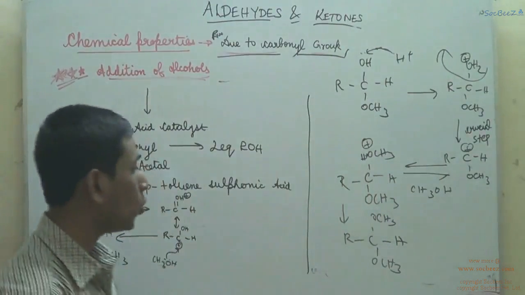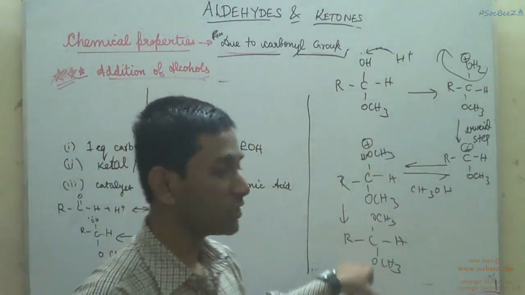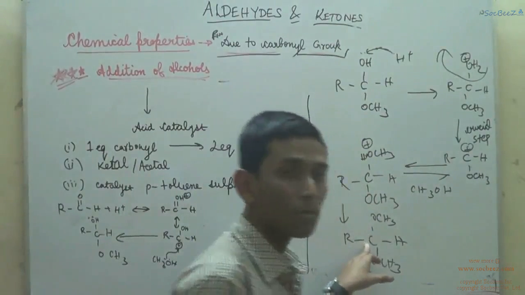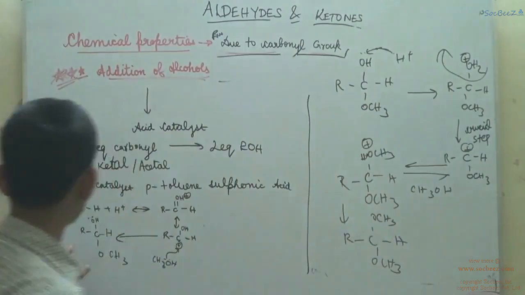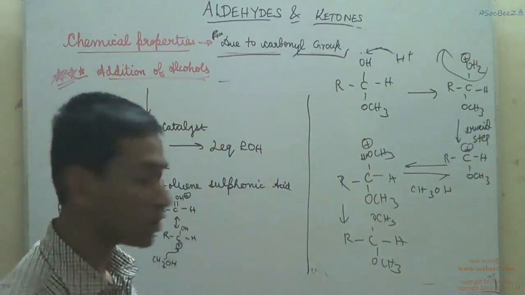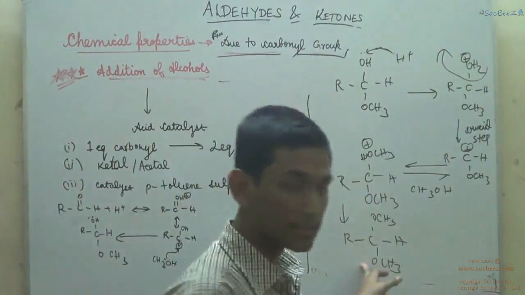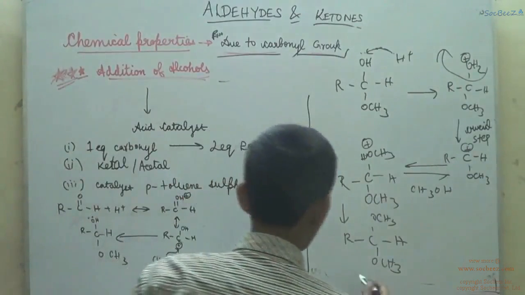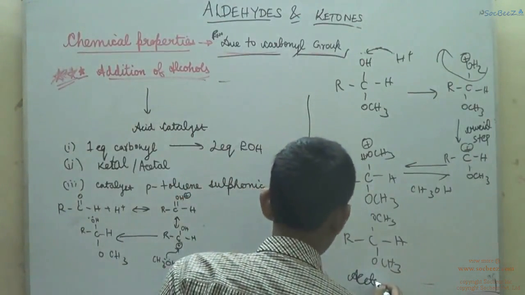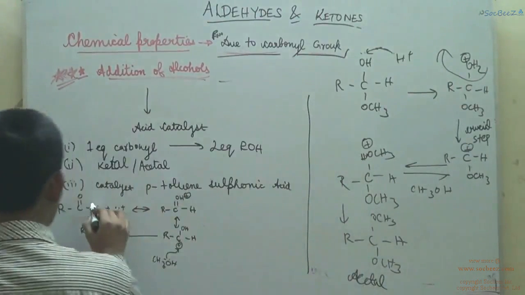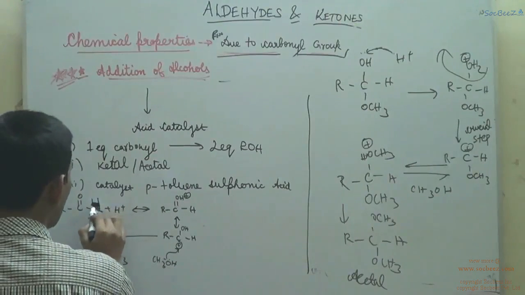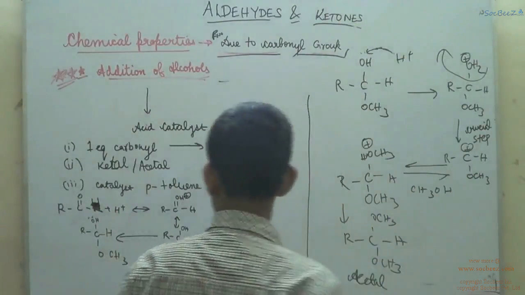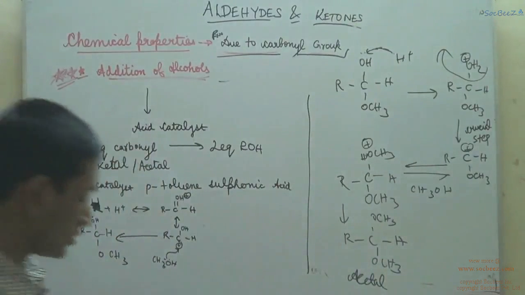So when two OR groups, in this case OCH3 groups, are present on the same carbon atom, it's a ketal or acetal depending on whether your substrate is an aldehyde or ketone. If it's an aldehyde, you get an acetal, in this case it's an acetal, whereas for a ketone, suppose I replace this H by R, then you will get a ketal. Remember, that is the slow step.